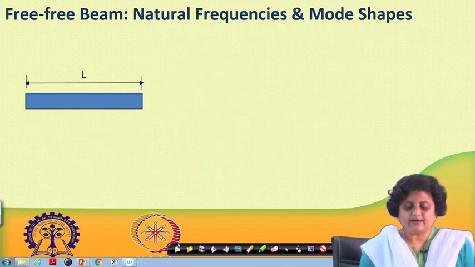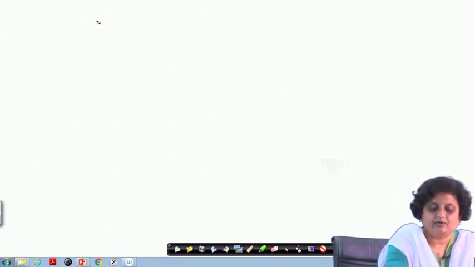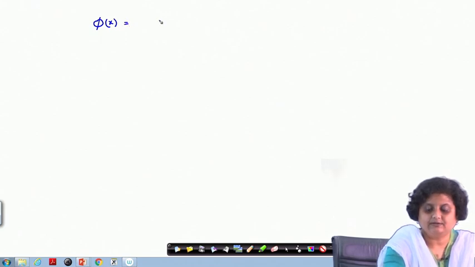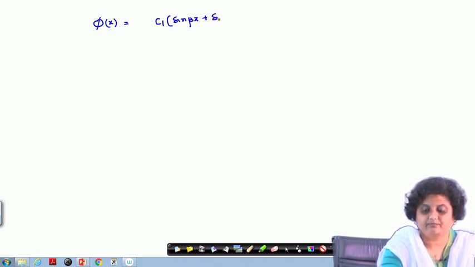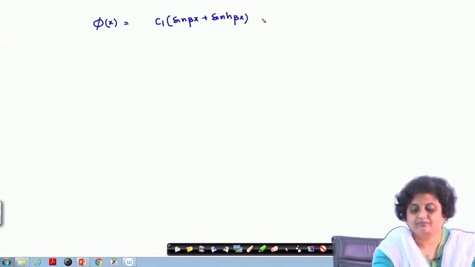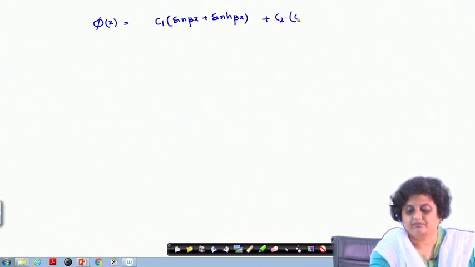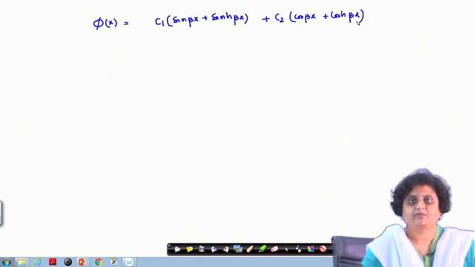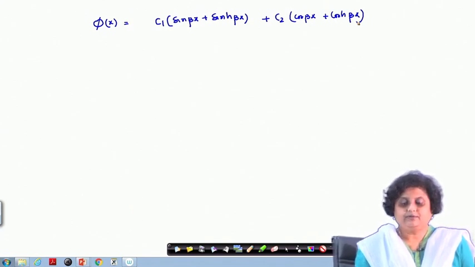So, if I write the simplified version of phi x, then this is going to be C1. This is going to be the simplified version of the mode shape phi x.